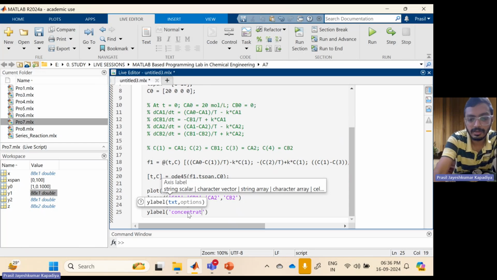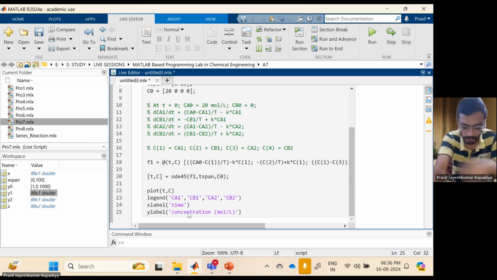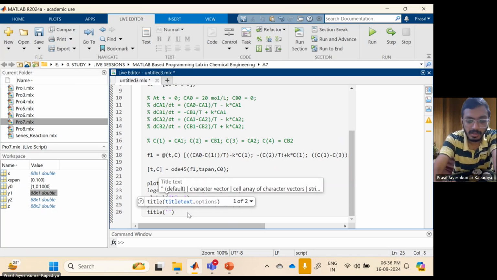What is the unit? Always write the units. It can also have a title: variation of concentration with time.